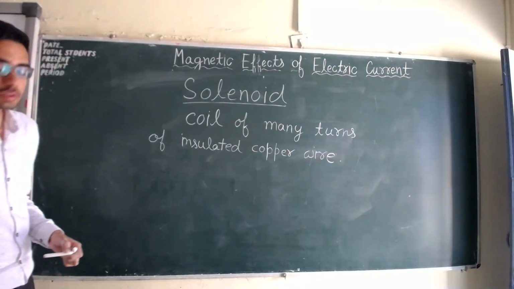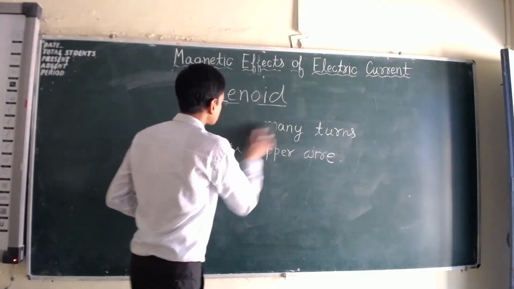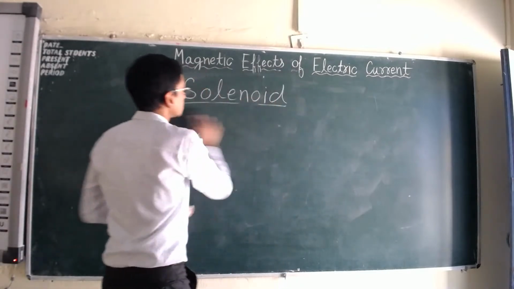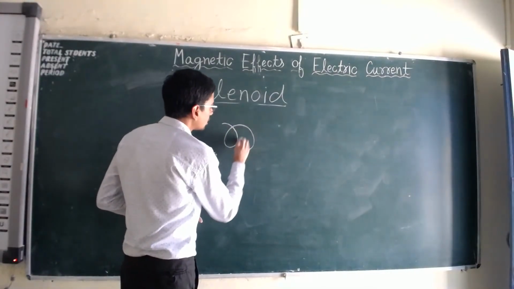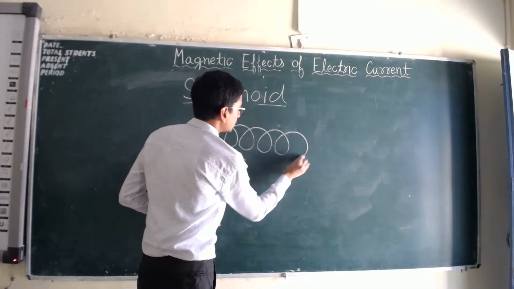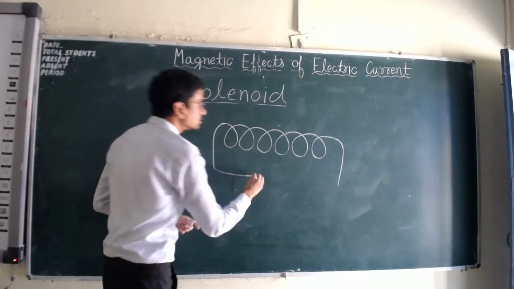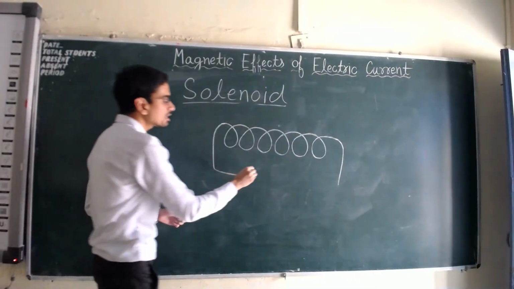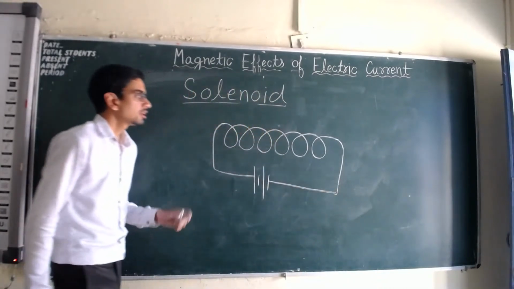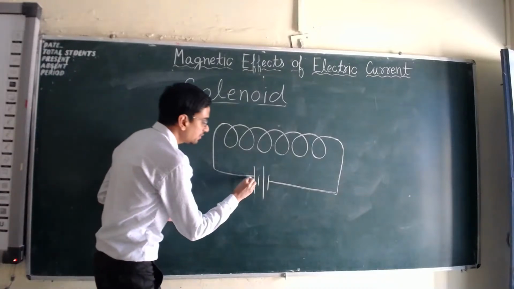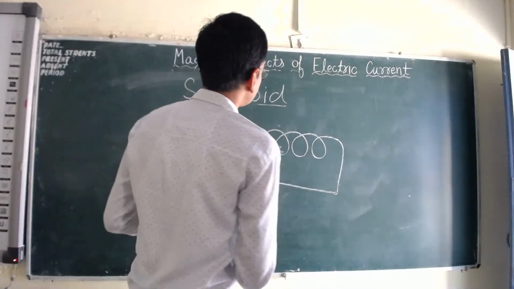Okay, so how can you draw a solenoid? You can simply draw the solenoid like this. This is a solenoid with many turns. To pass the current, we must connect this to a battery. Okay, so this is a solenoid. This is positive terminal, this is negative terminal, as you can see.